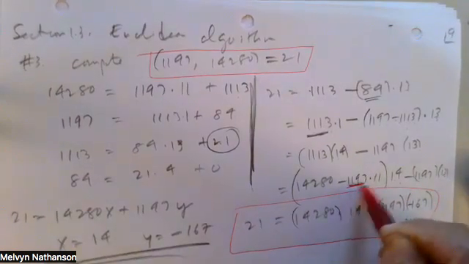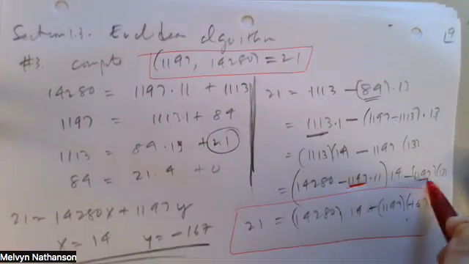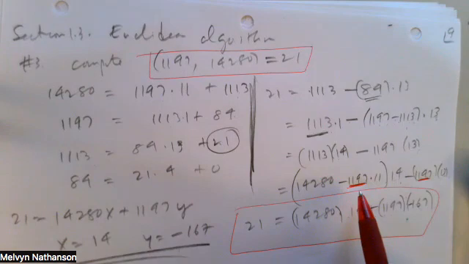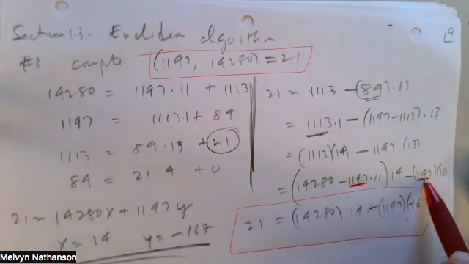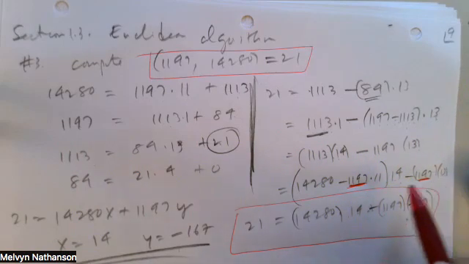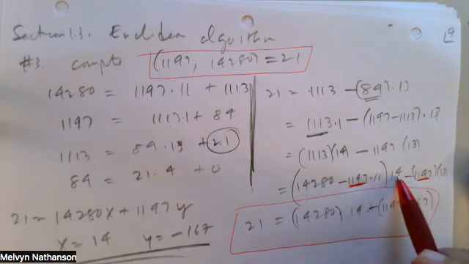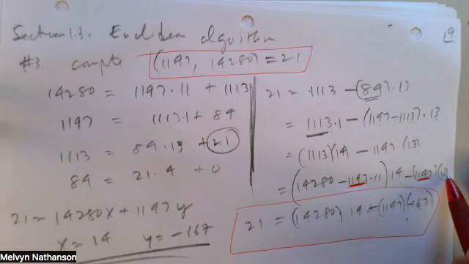Here I have 1197. Here I have 1197. I have 1197 times 11 times 14 and 1197 times 13. So I take 11 times 14, 154, plus 13 is 167. And there's a minus sign in front of them.